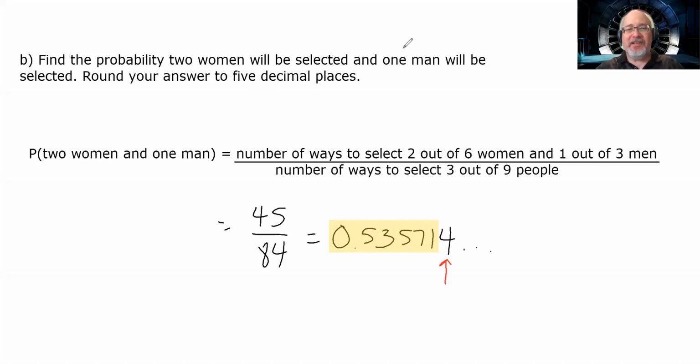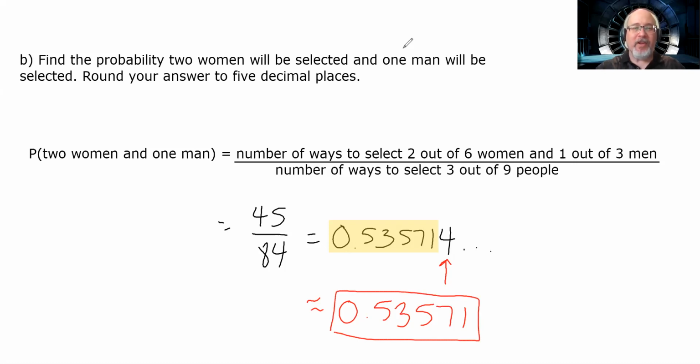Since the 6th decimal place is less than 5, we do not round the numbers in yellow up, we leave them alone. And so 0.53571 would be our probability. So there's a better than 50% chance that we would randomly select 2 women and 1 man out of the 6 women and 3 men.